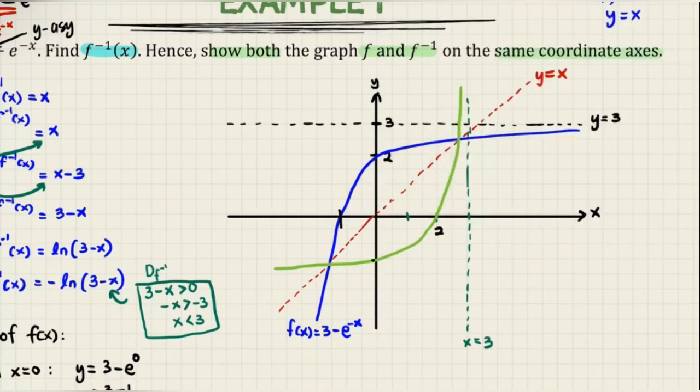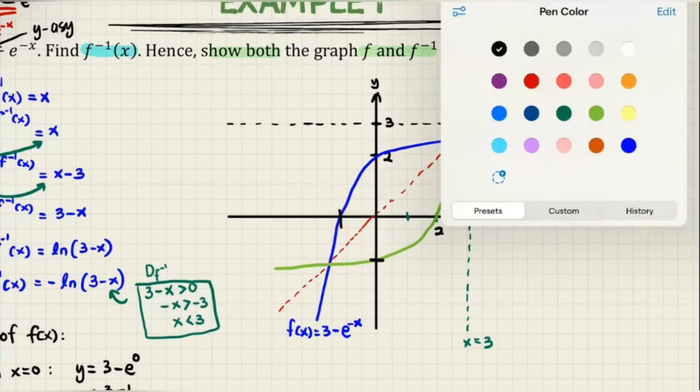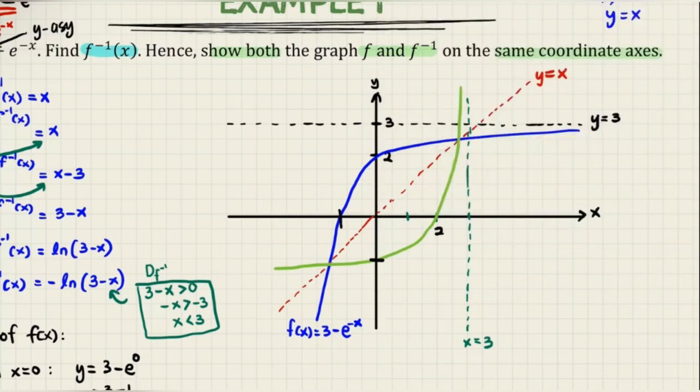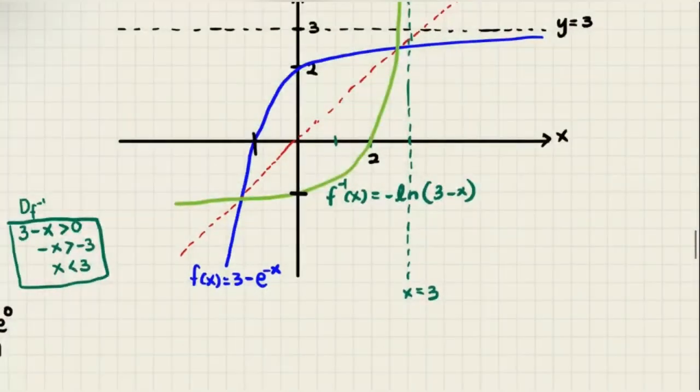Okay, and now we can find what its intercept is here, and this value will be the same as this x-intercept for the graph of f(x). Okay, so the green one is the graph of f inverse. So f inverse of x equals to negative of ln of 3 minus x. Okay, now I will use this to get this one.